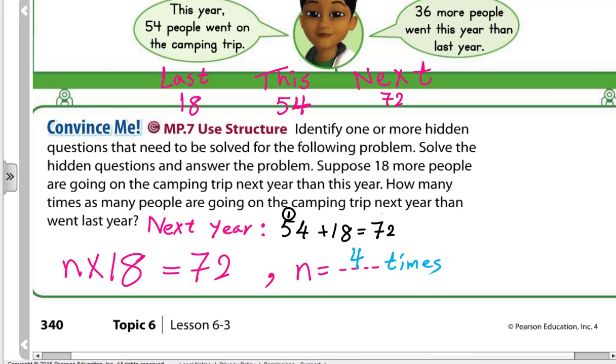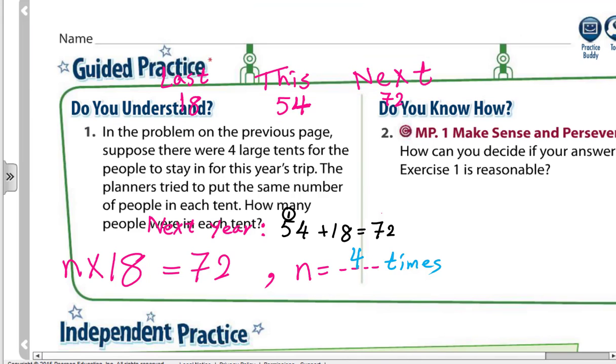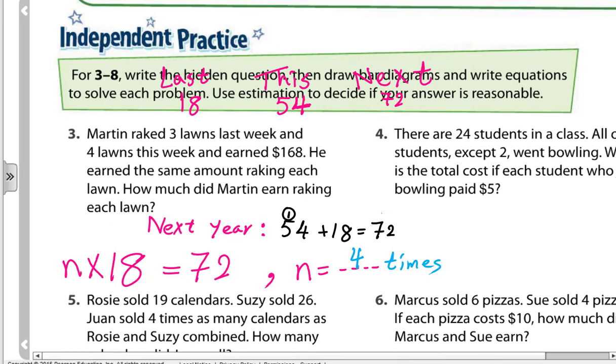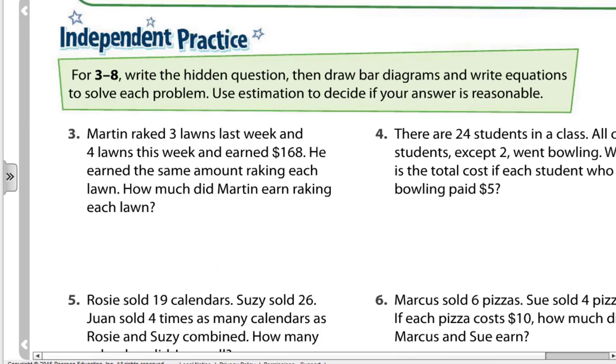Okay, my heroes, now we will move to the next page. Teacher, I finished writing. Okay, I will erase it. And now we are solving question number 3. My hero, say your name.